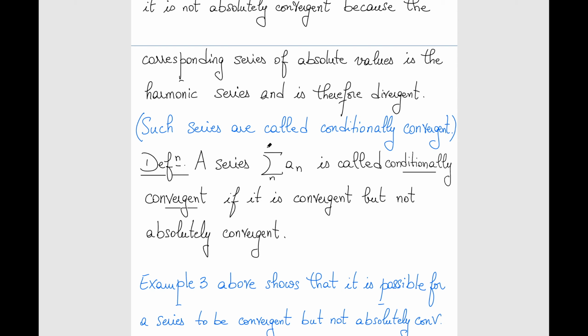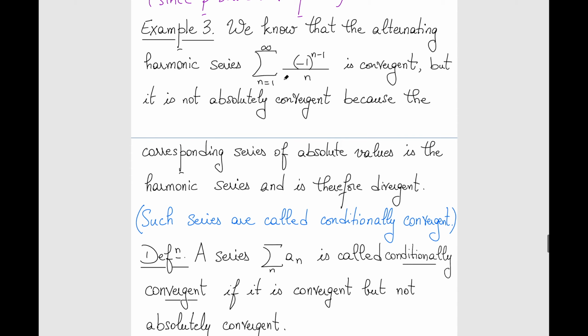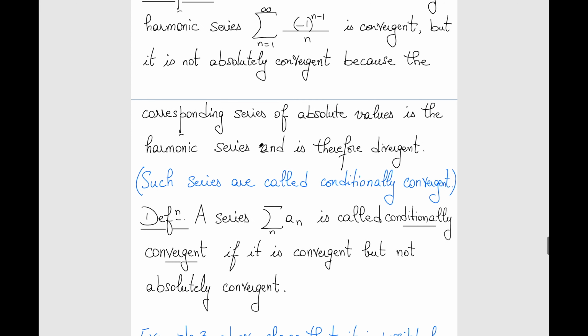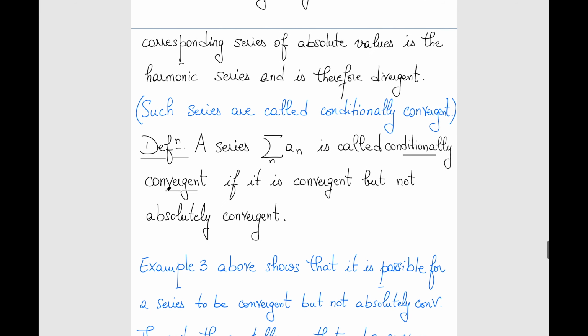Okay, so one more time, a series is called conditionally convergent if it converges without the absolute value and it diverges with the absolute value. Make sense? Like we just discovered in example 3 above. So that series here is convergent, but if you put the bars, it fails to converge, so as such, it's not going to be absolutely convergent. Those series are referred to as conditionally convergent series.